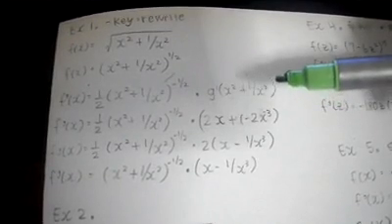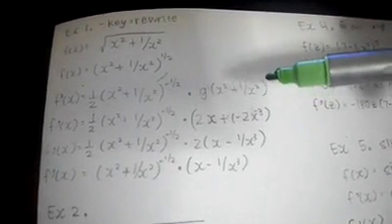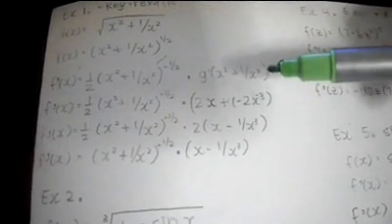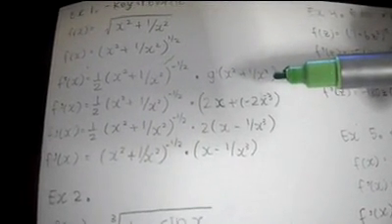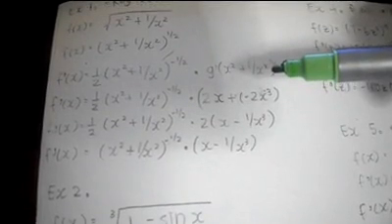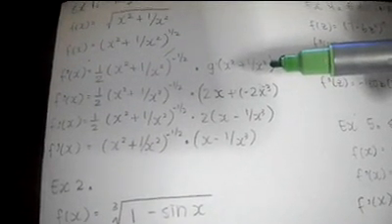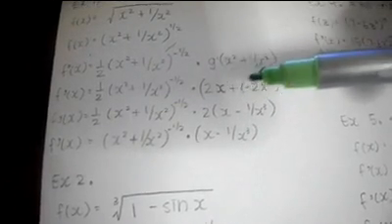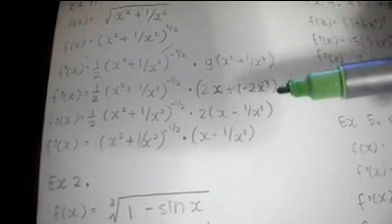Now we can find the derivative of the inside function, which is x squared plus 1 over x squared. Remember that 1 over x squared can be rewritten as x to the power of negative 2. So the derivative would be 2x minus 2x to the power of negative 3.